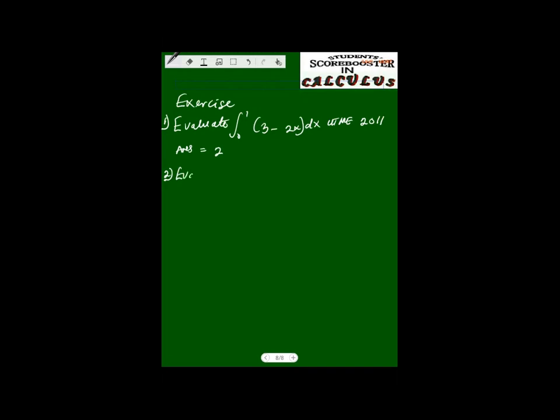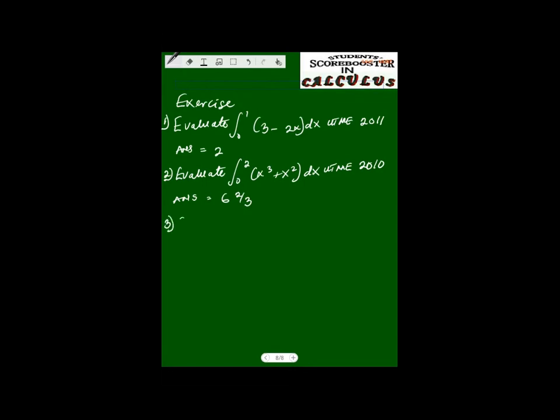Number 2, evaluate the integral from 0 to s of s cubed plus s squared dx. This is UTME 2010, and your answer is supposed to be 6/2 over 3.